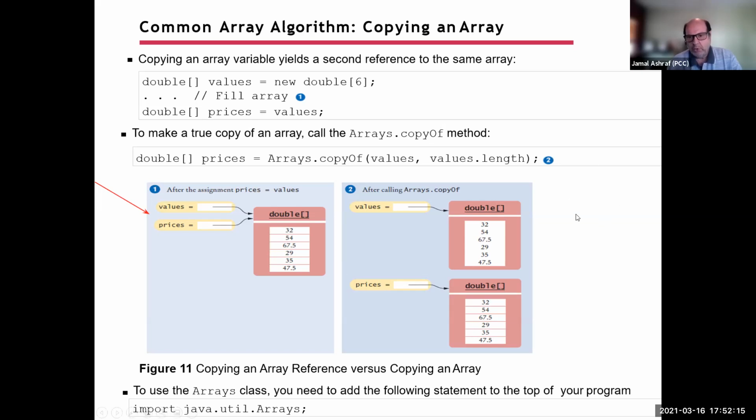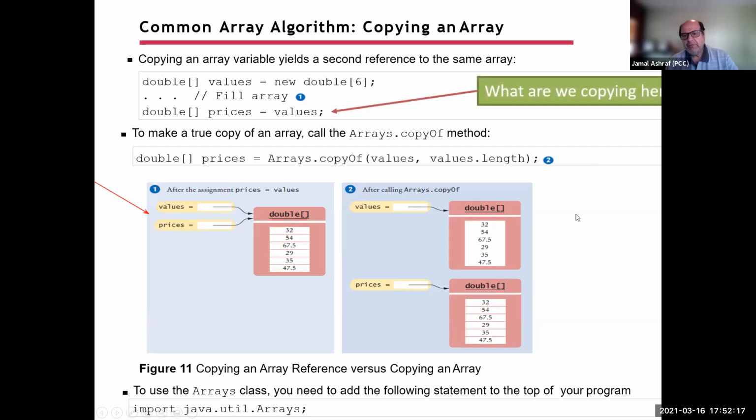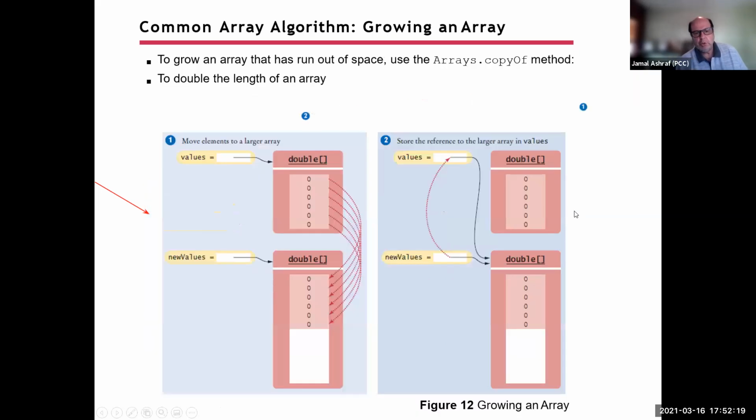So I am going to be reading stuff from the user, and then I get to the point that, wait a minute, I don't have enough room for my array. So I have created a student list of 30. I am reading the students coming into my class, and I run out of space. So what do I do? I stop.